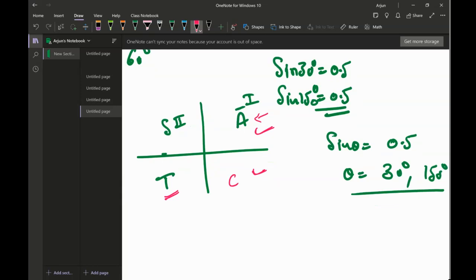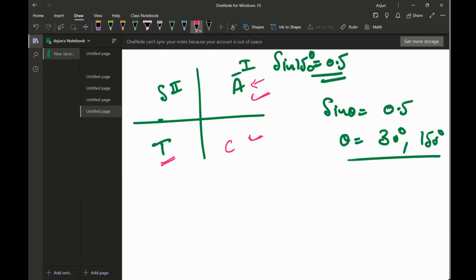fourth quadrant. So we can see also, if I put cosine 60 degrees, cosine 60 comes out to be 0.5. And now if I say cos of 300 degrees, that is also 0.5.